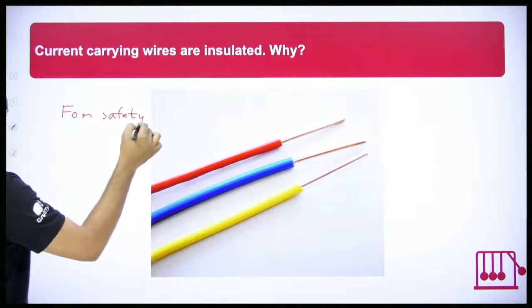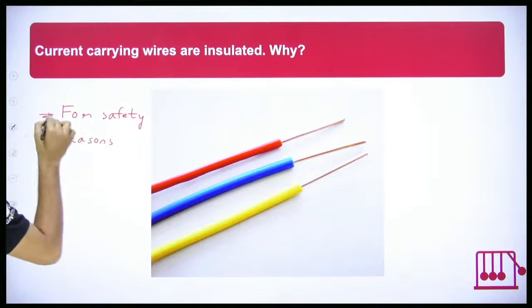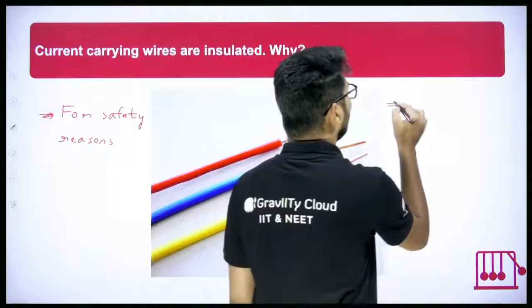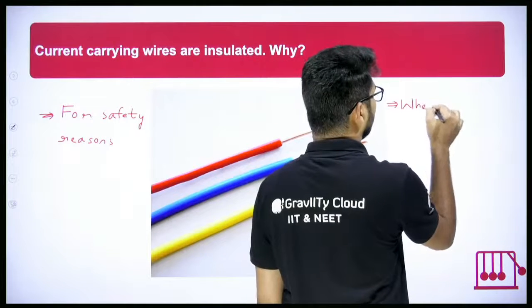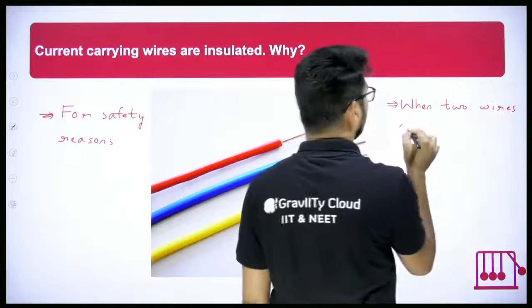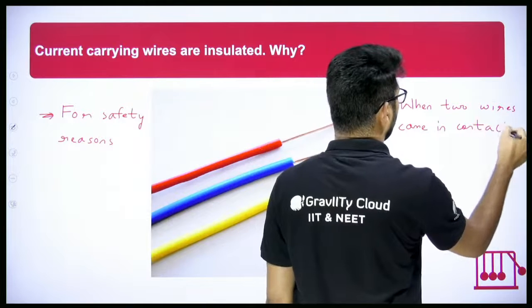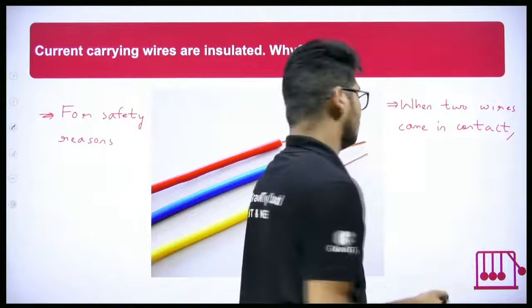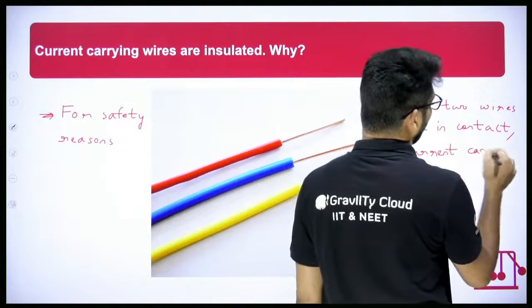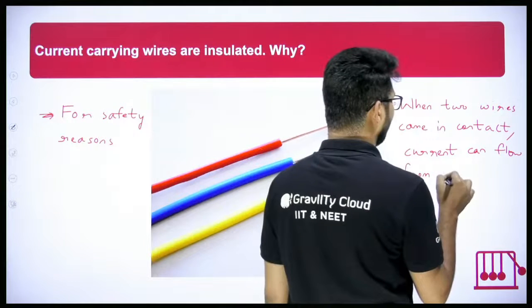Now there are many reasons here. So that when we touch the wire, we will not get shock. For safety reasons. Or else you can also say that when two wires come in contact, current can flow from one wire to another.